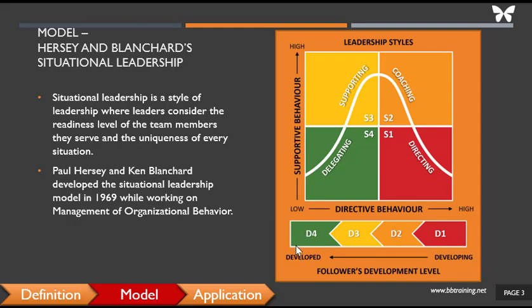So the commitment as well as the capability both have increased a lot, and that's the reason the leader has to shift. So what it means is no one style of leadership will work forever. Leadership styles depend on situations that people face, and a lot of situations will depend on the capability and the commitment level of the follower.